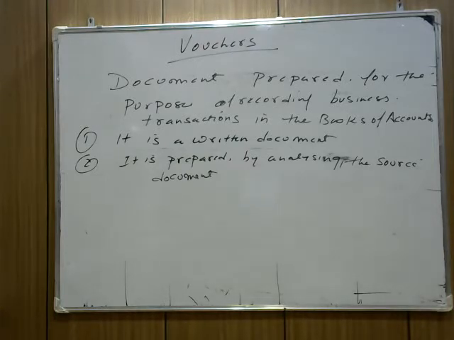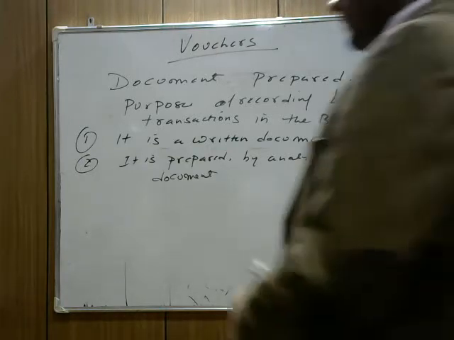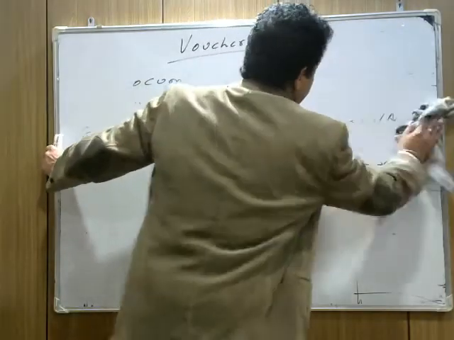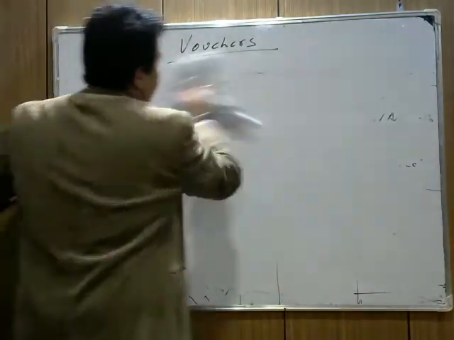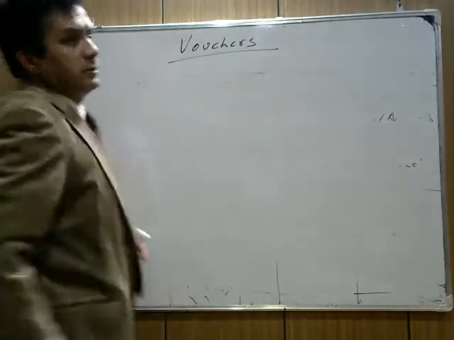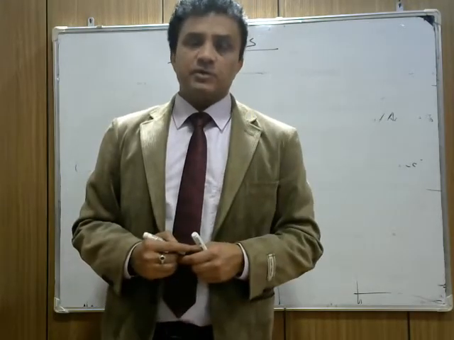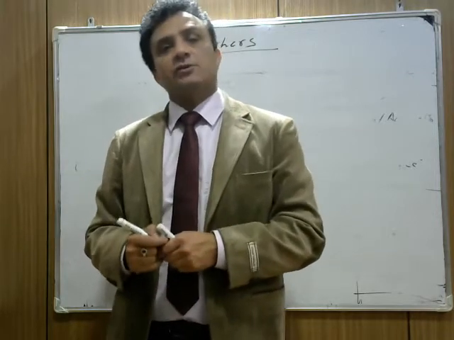We are studying the types of vouchers. What are the different types of vouchers? You need to note this on the board first. Types of vouchers. Simple part. Vouchers are mainly of two types. The first one is called cash voucher, and the second one is called non-cash voucher.